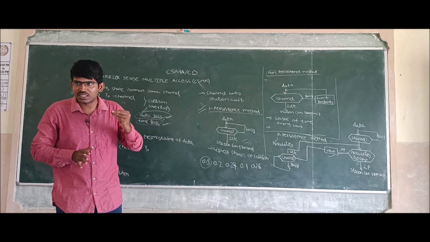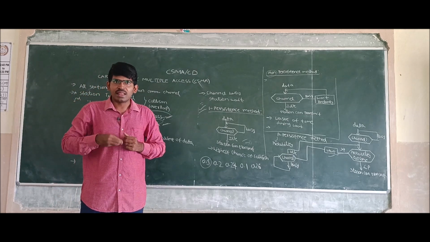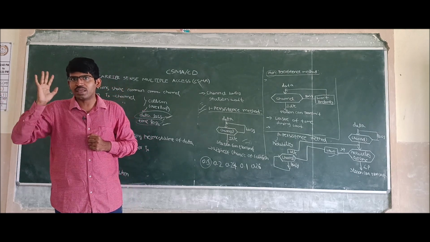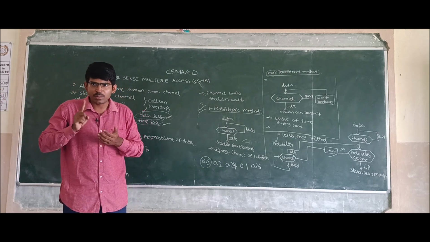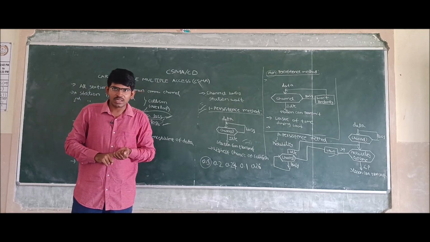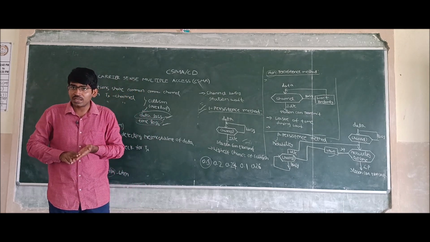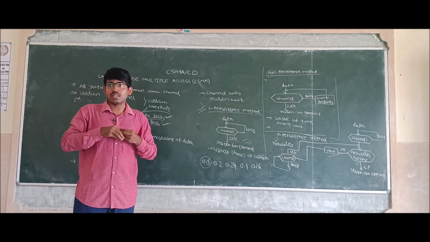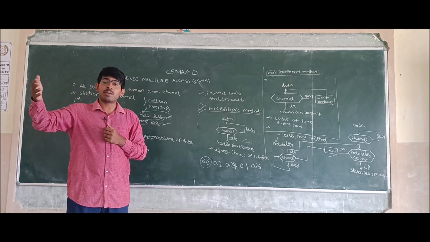Whatever one station is sending, that same amount of data might not be received by the receiving station. There may be a chance for data loss and for time wastage, because of this collision the data might not reach the receiving end in the same amount of time.